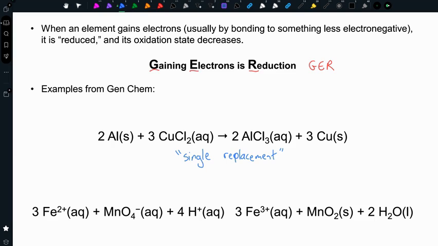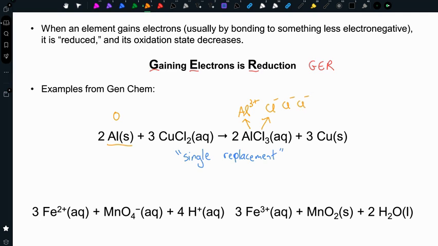What's really going on here, if we examine the charges on the atoms and the ions, is that electrons are getting transferred. If I consider my aluminum when I start, it's just aluminum solid. That solid aluminum really has a charge of 0. But when I consider the product, aluminum chloride, that's now dissolved, that's really made of aluminum 3 plus ions and 3 Cl minus ions.